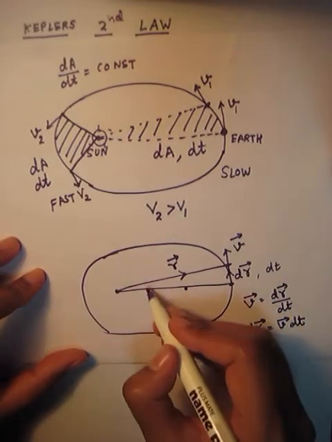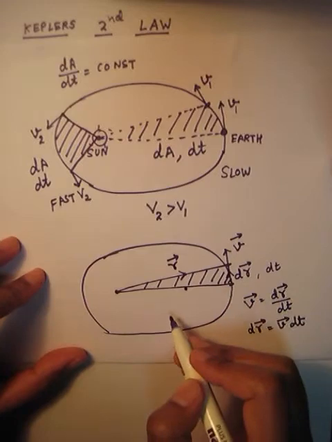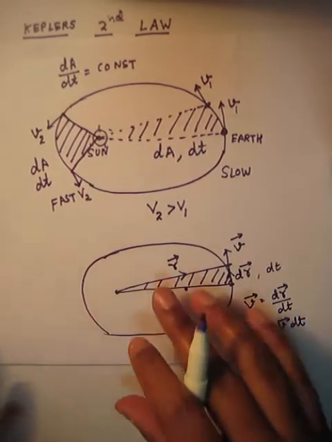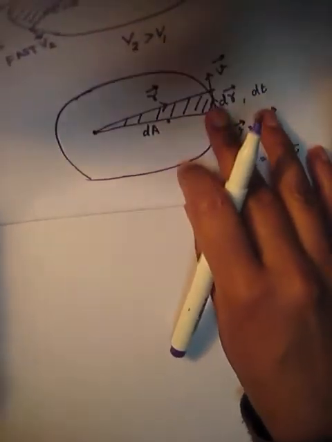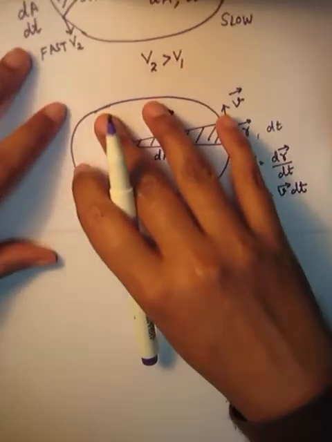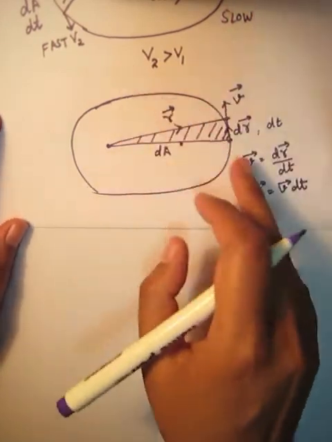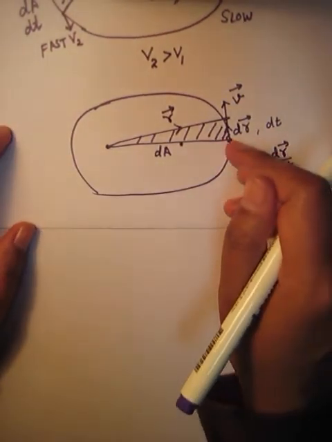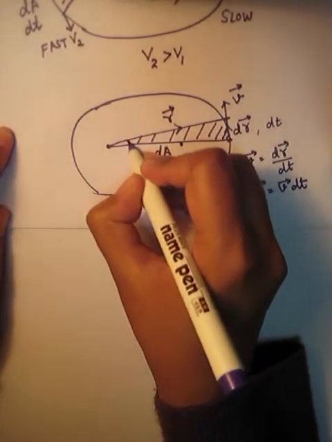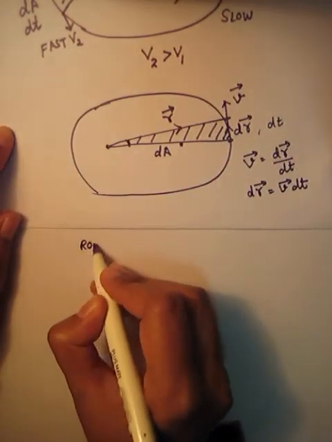And let us say this area is dA. Because it is a rotational motion, when this planet moves from one point to the other, it is changing some angle here, so we say that it is rotating.